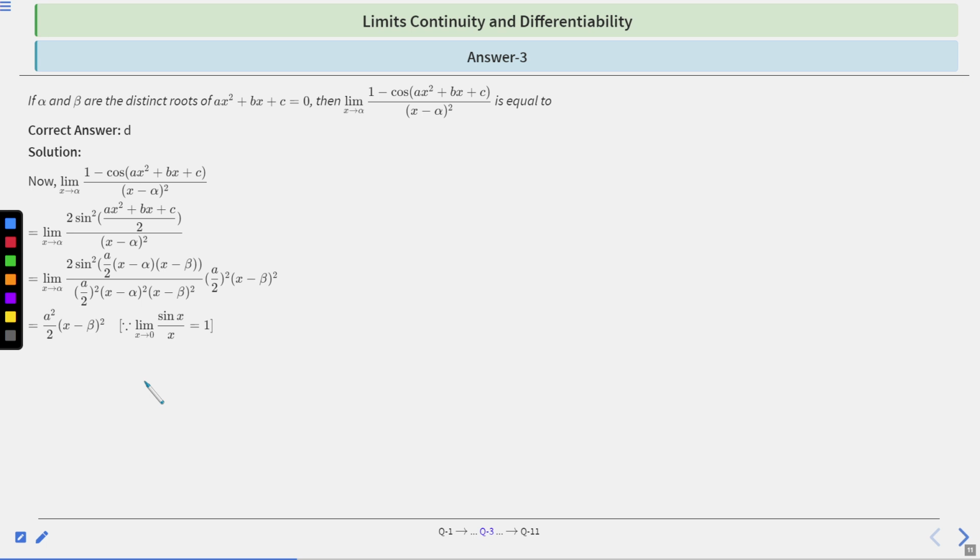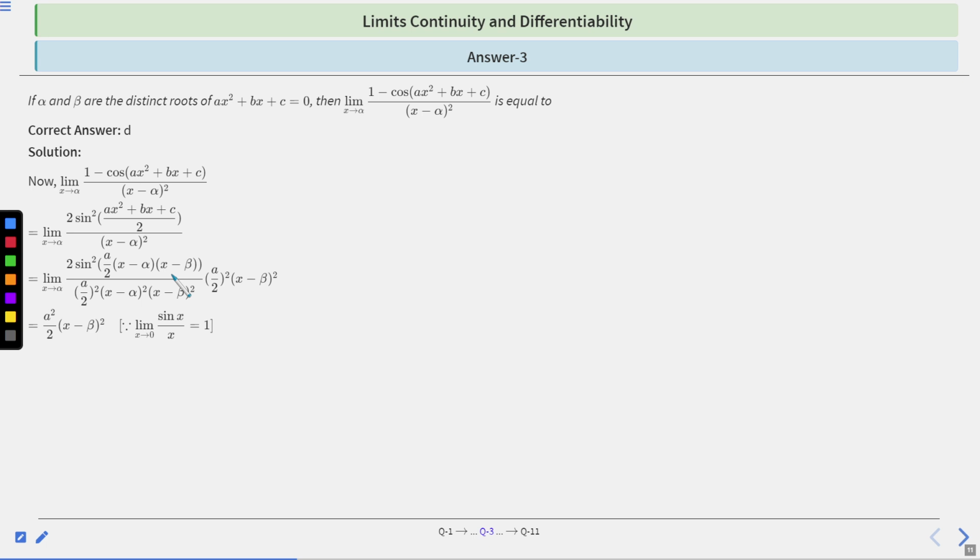So limit x tending to alpha, 2 sin square (a by 2 (x minus alpha)(x minus beta)). See, ax square plus bx plus c can be written as a(x minus alpha)(x minus beta), right? Because alpha and beta are roots of ax square plus bx plus c, clear?